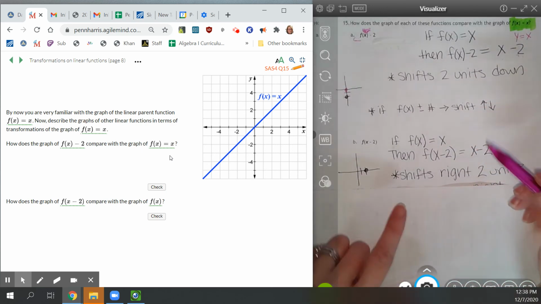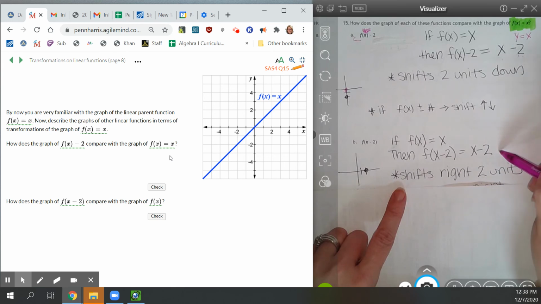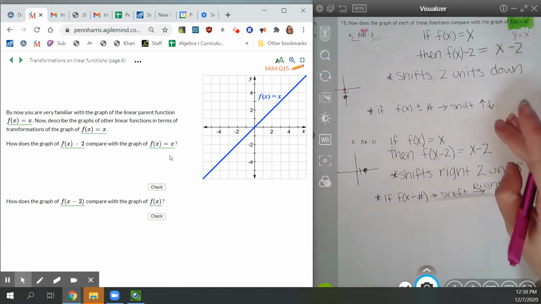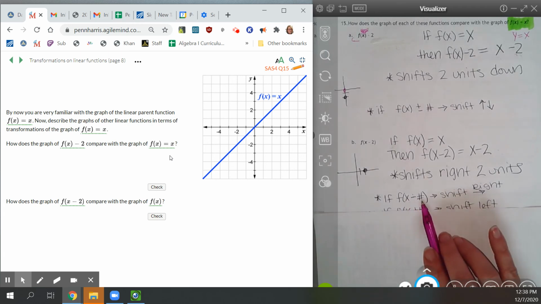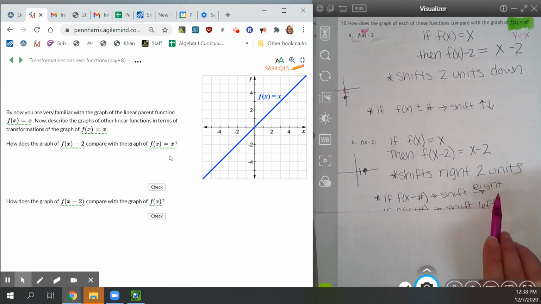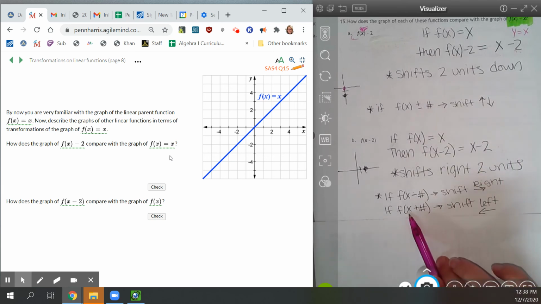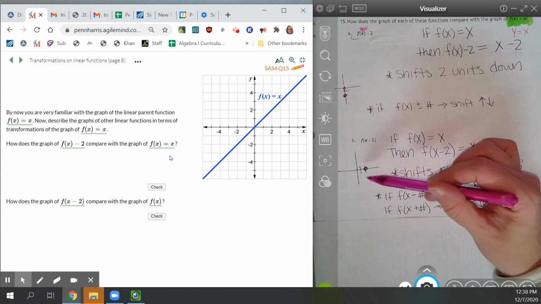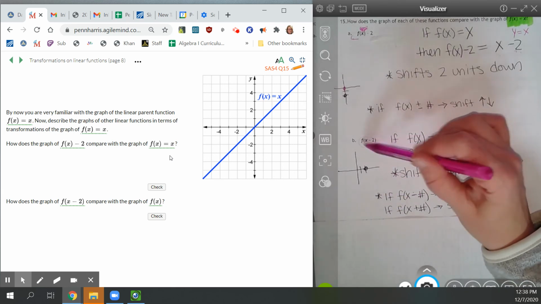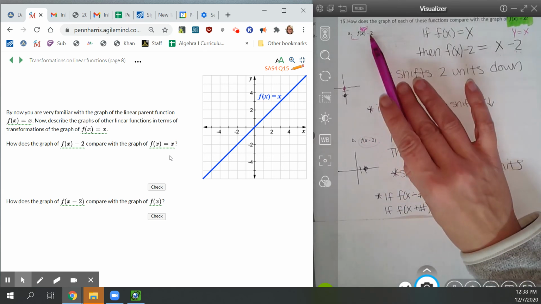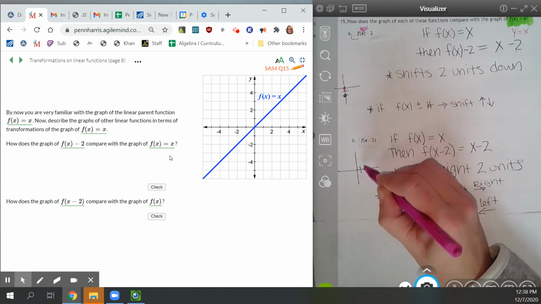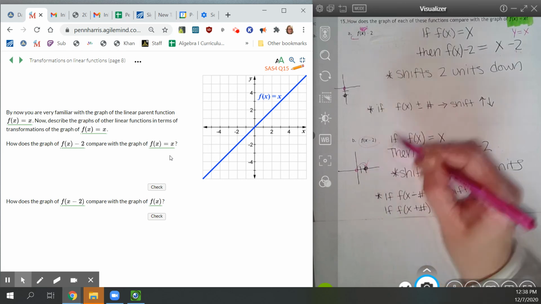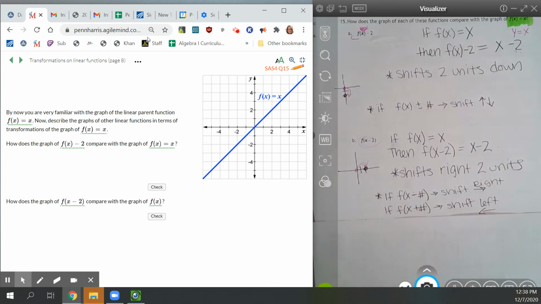And all this does is shift the graph 2 units to the right. Meaning if it says f of x minus a number, that means we shift it to the right. F of x plus a number shifts it to the left. Again, note the difference between inside parentheses and outside the parentheses. So this one shifts it from here to here.